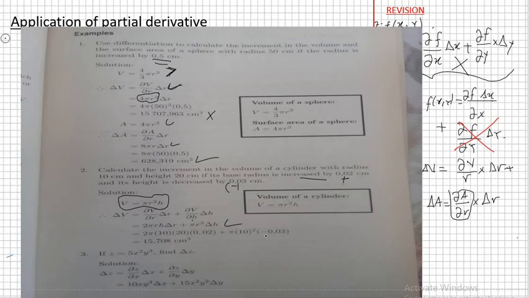As you can see here, they have added a negative sign simply because the height is decreasing. So the height is decreased, that's why we have a negative sign, but the radius is increased, so we need a positive sign on the change in radius.